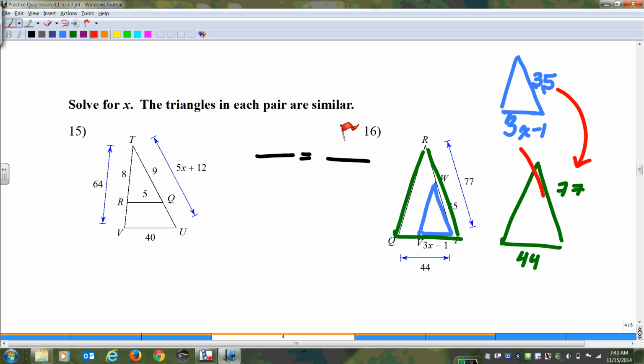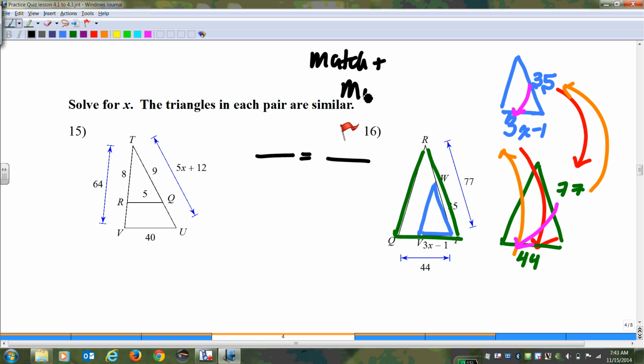Match and mirror. So you make your proportion from here and cross multiply and solve. I could do that way, top, bottom, top, bottom. I can go this way. So I'm just showing you the different ways. Bottom, top, bottom, top. I could even go right, down, right, down. See all the different ways you can do this? It's all about match and mirror. Choose the direction that feels most instinctual to you and then mirror it.